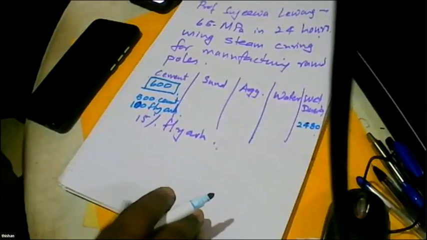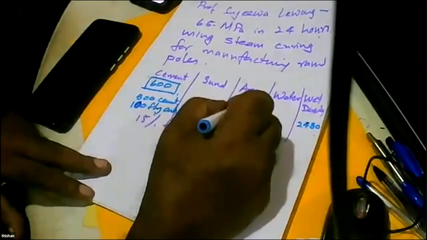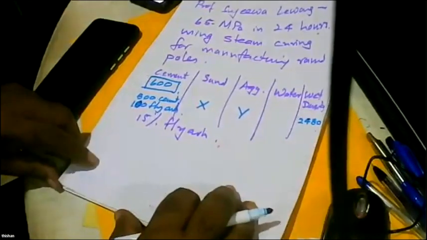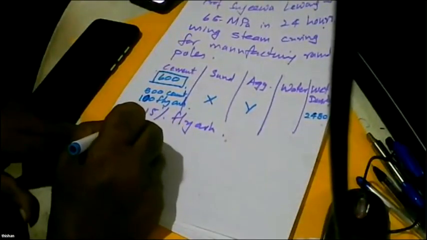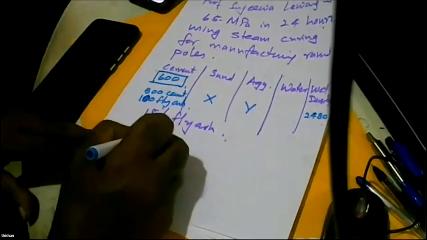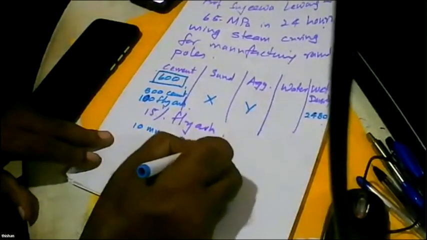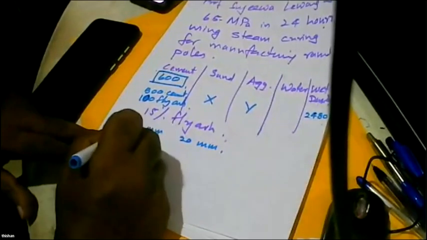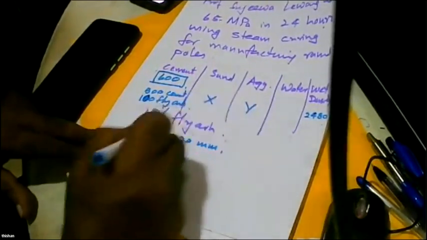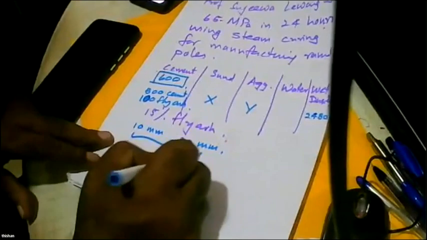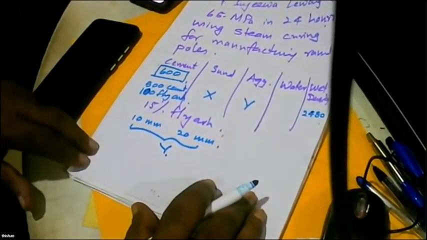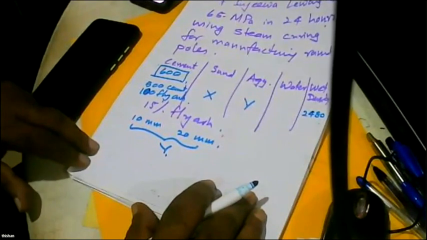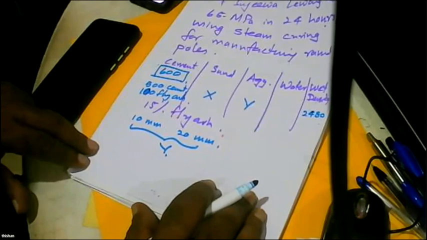And x, y. Because this has to be compacted properly, we are going to use a graded mix of 10 millimeter and 20 millimeter aggregates and sand. For this calculation, this is y, and we are going to use a mix of 10 millimeter and 20 millimeter aggregates because the poles are small.